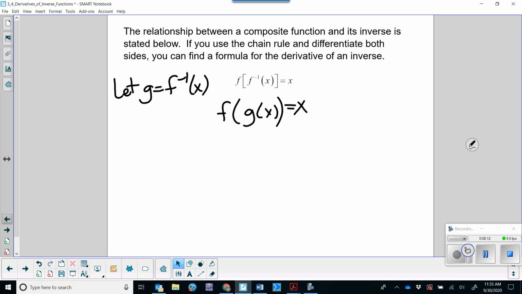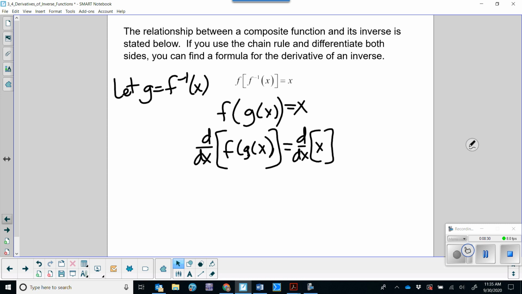And now we're going to take the derivative of both sides. So remember how we can write the derivative, d dx of f of g of x, and then that's going to equal the derivative of x. Okay, so we have to do the derivative on both sides.